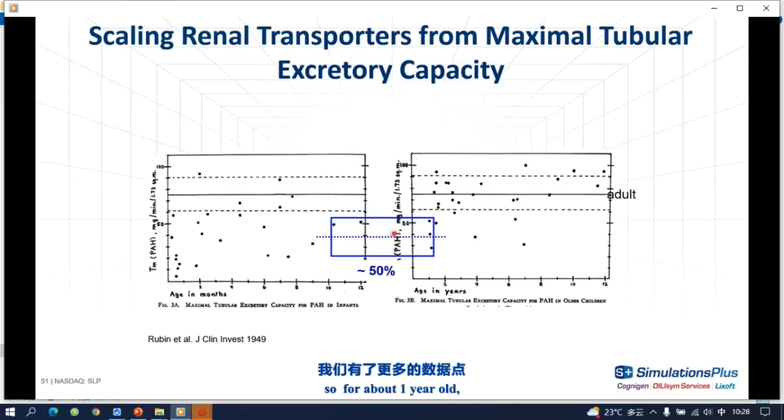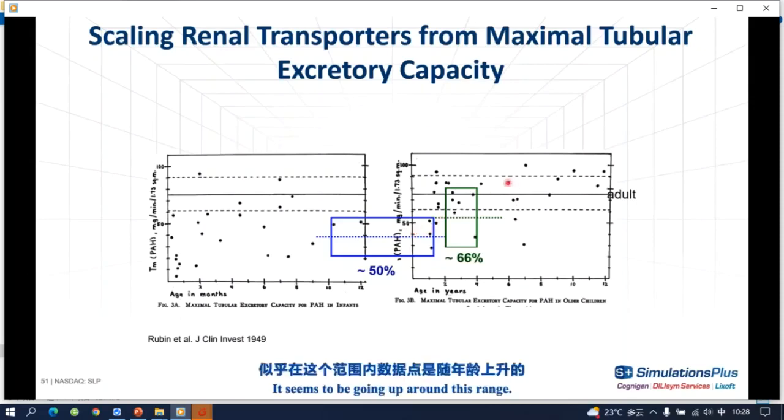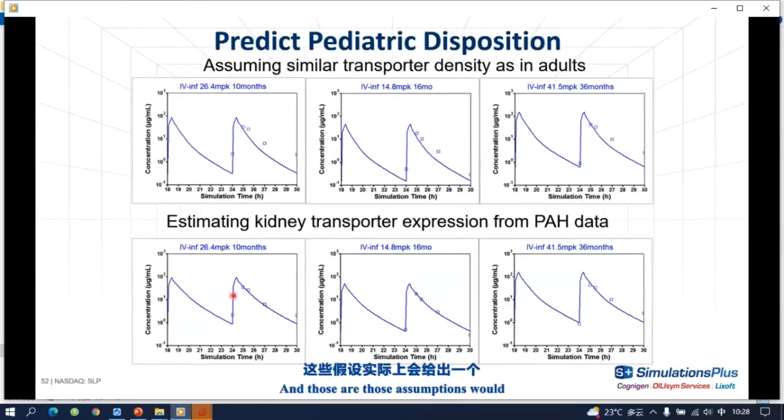So for about 1 year old, we would guess maybe about 50% of the adult. It seems to be going up around this range. So we guessed about 66% here for the 3 years old. And those assumptions would actually give a good prediction of the clearance for amoxicillin secretion in this age group.